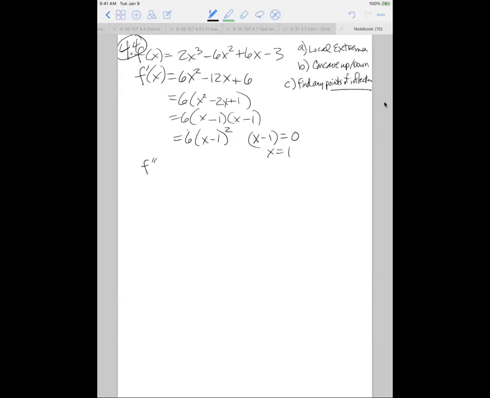So I'm going to drop down now and go to the second derivative. The first derivative is right here. Taking the derivative of that, I get 12x minus 12, which is equal to 12 times x minus 1. The second derivative test is: if I plug in a critical point and find out whether it's positive or negative, I'll determine whether it's concave up or concave down. The critical point is x equals 1.